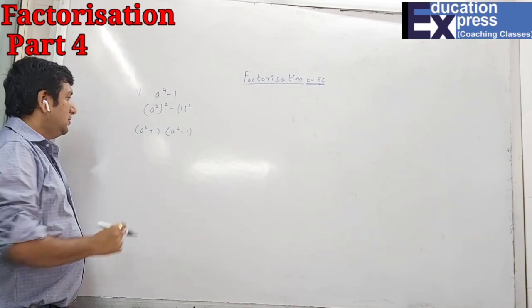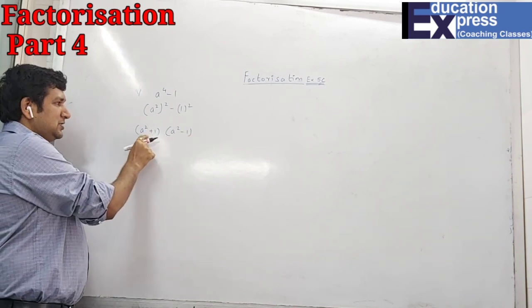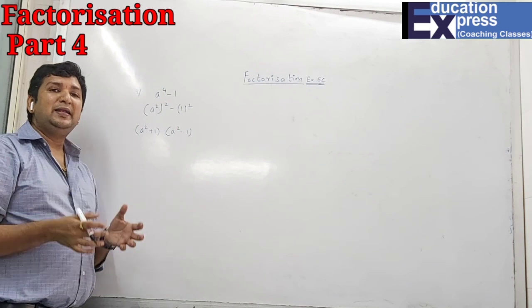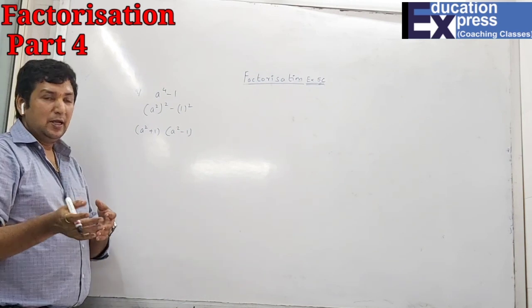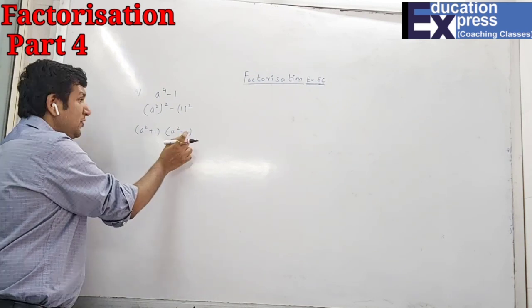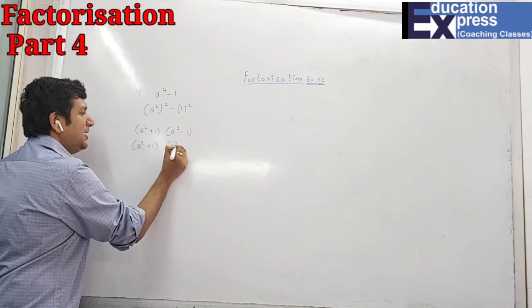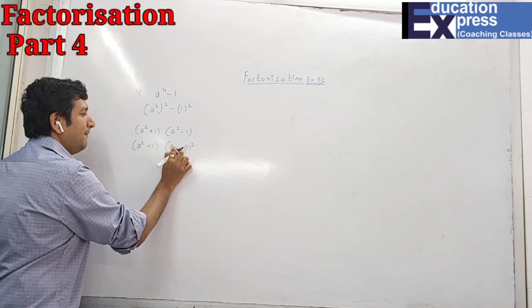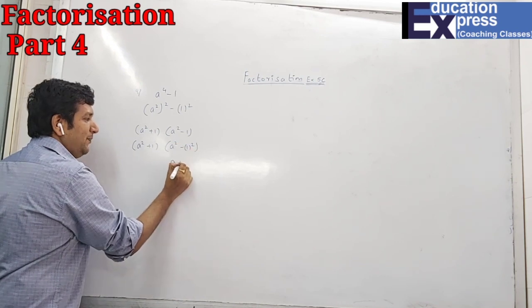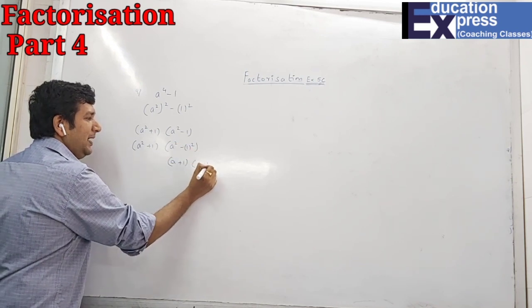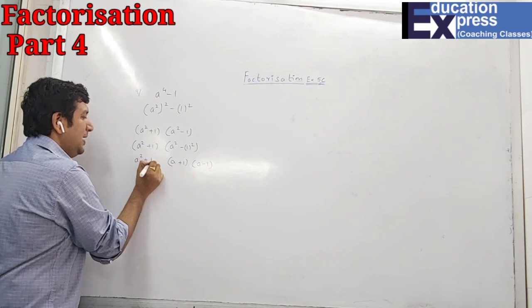Now you can see over here, students, further this is not possible because we have no identity for a² plus b². But for a² minus b², obviously we have. So this will remain as it is, but this further could be written as a² minus 1². That is (a + 1)(a − 1), and this will remain as it is.